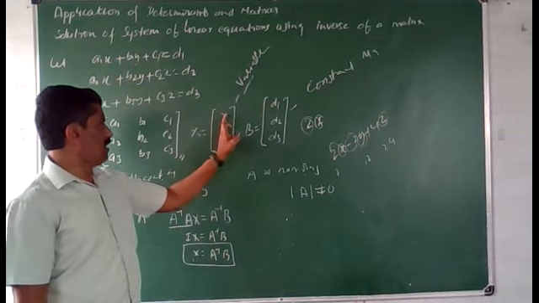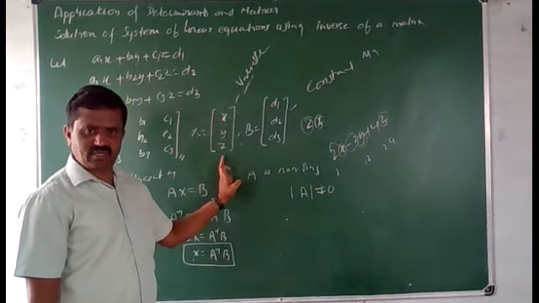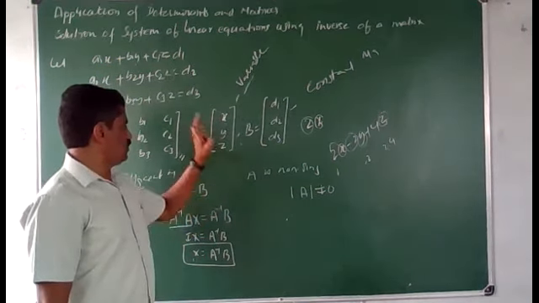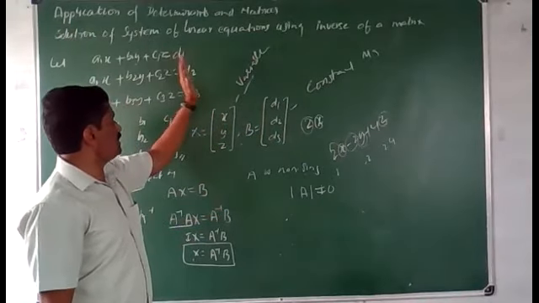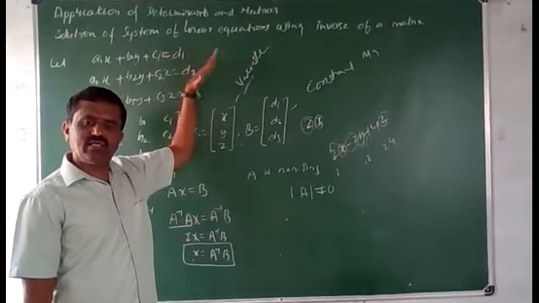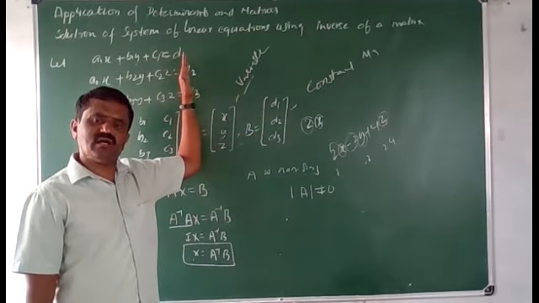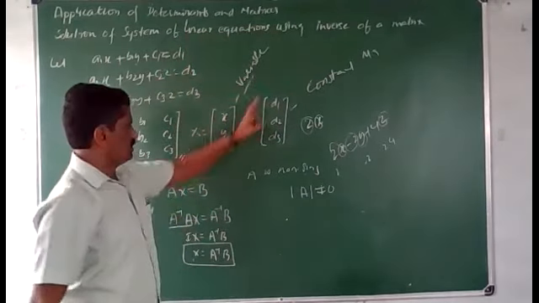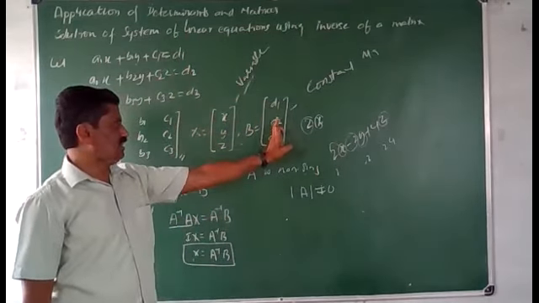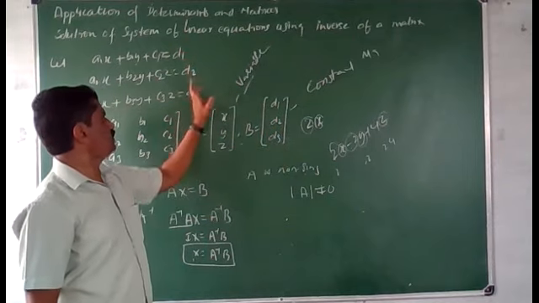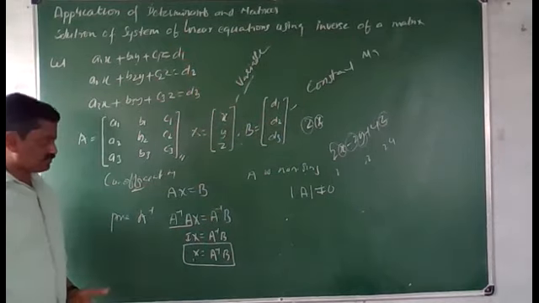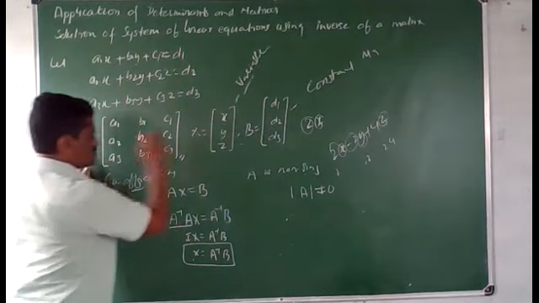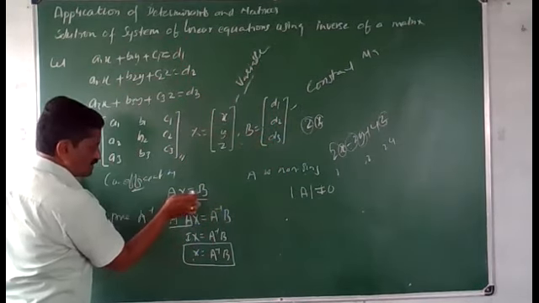Then write the variable matrix, X, Y, Z. Then write the constant matrix; before writing it, bring the constants to the RHS. B is equal to D1, D2, D3. That is the constant matrix. So these equations can be written as AX is equal to B.